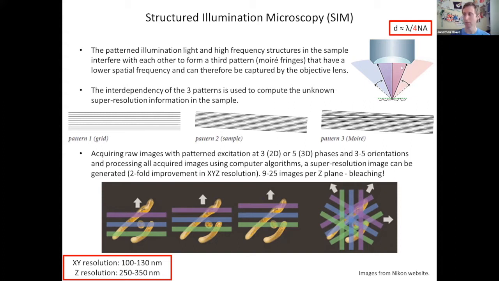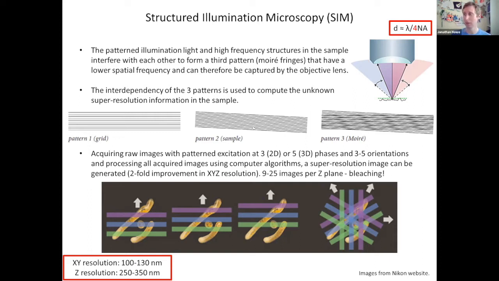What this means is that, because we have knowledge of the patterned illumination and we measure this moire pattern, we can infer what the high spatial frequency information in the sample must be. Now, the issue is that one image is just not enough.